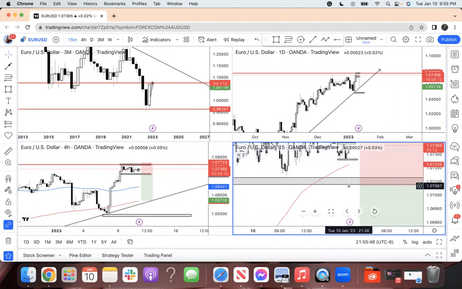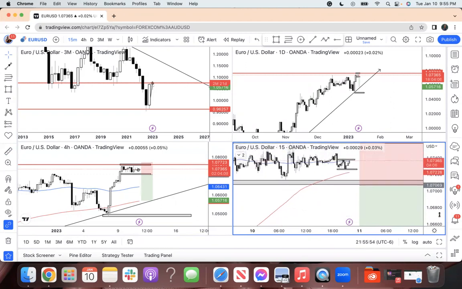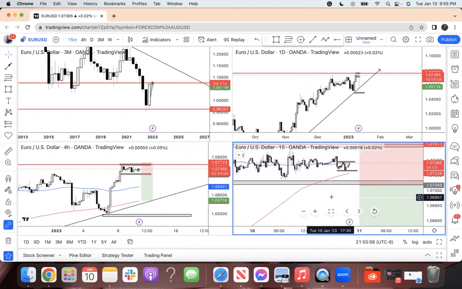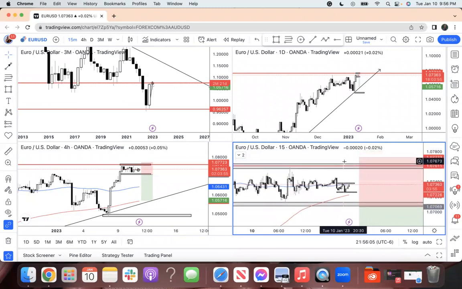The goal is to enter your trade after there has been a break of a major structure that we identify on the higher time frames, being this area here or this area here.